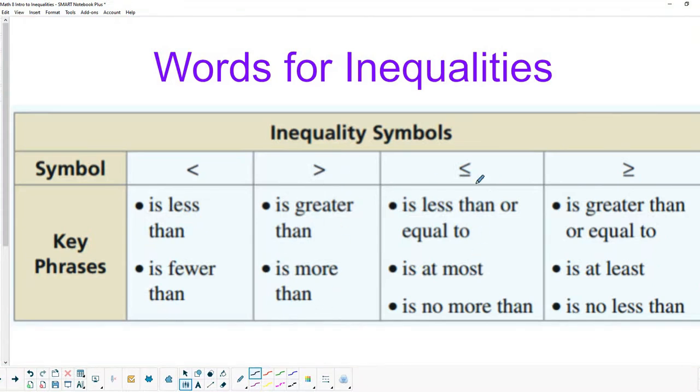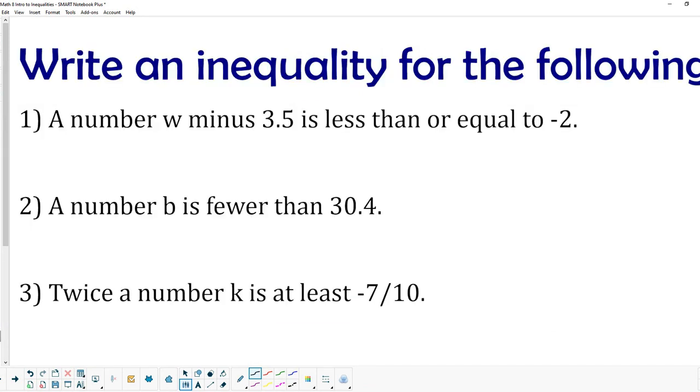And then by the same token, this next symbol means less than or equal to. So all the numbers on the left side would be less than or equal to whatever shows up on the right side. And in the last column, all the numbers on the left side would be greater than or equal to whatever shows up on the right side. A couple of other ways you can word that too. So watch out for some of those additional ways to word these things.